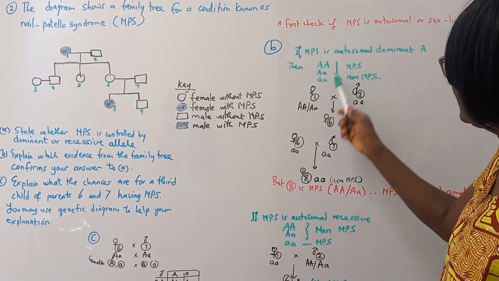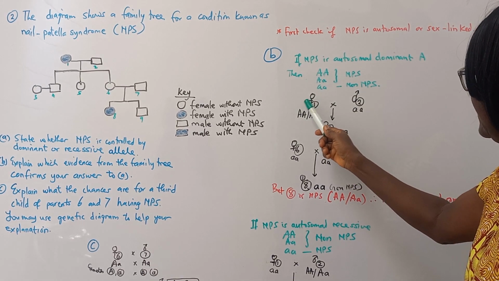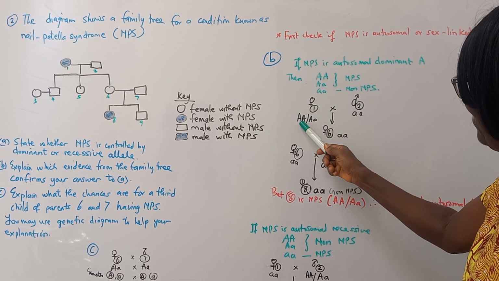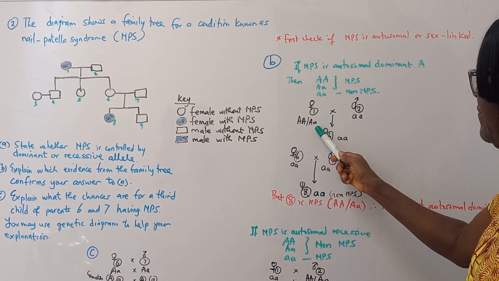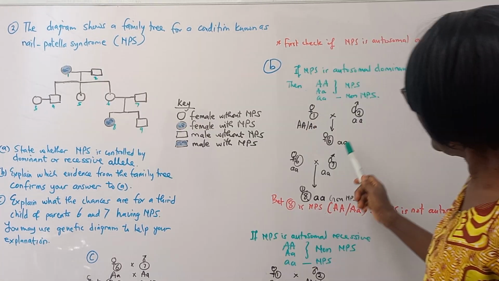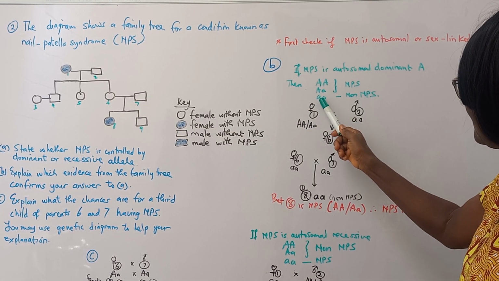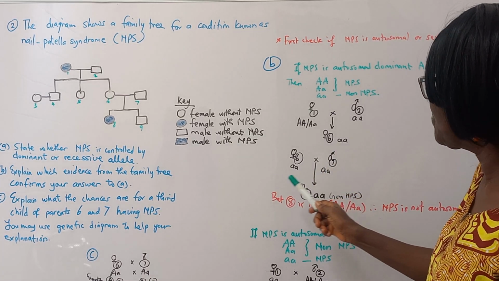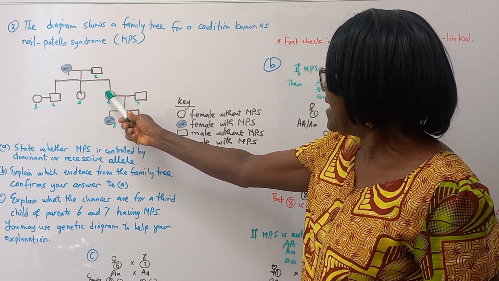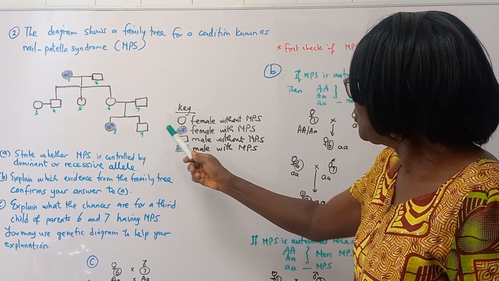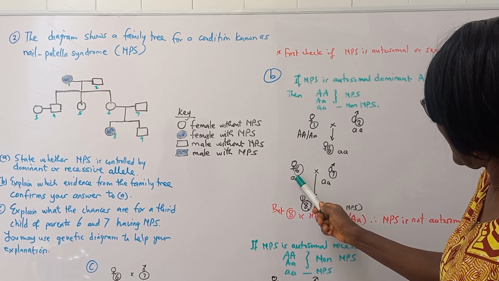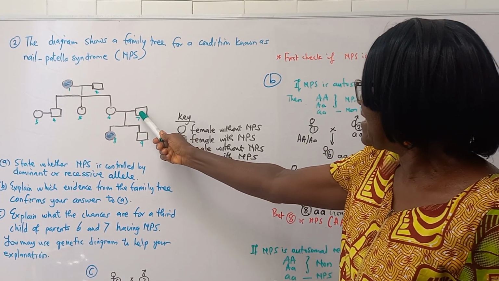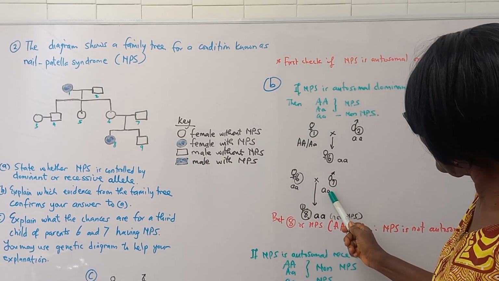So if NPS is a dominant allele, then individual 1 is big A or big A, small a. And individual 2 here is non-NPS, small a. Now, these individuals produce individual 6 here, and individual 6 is non-NPS, is like this. And individual 7 is non-NPS, is like this.